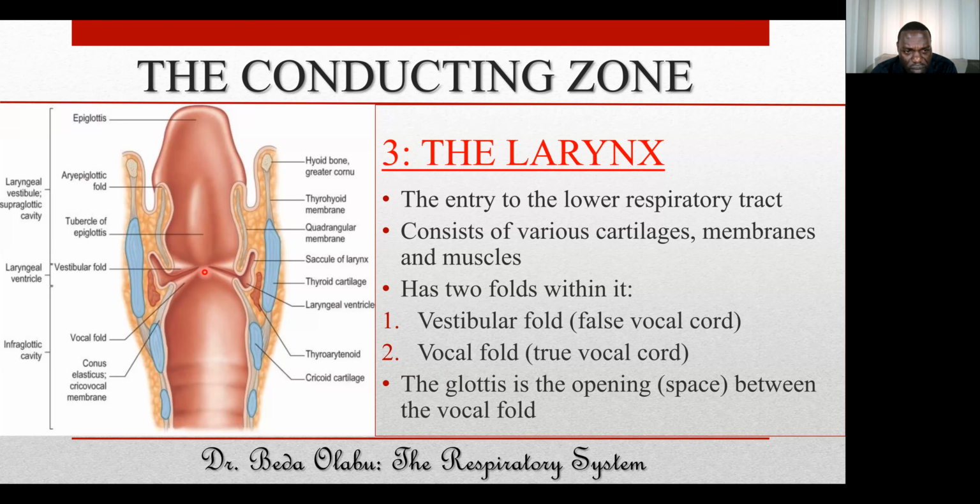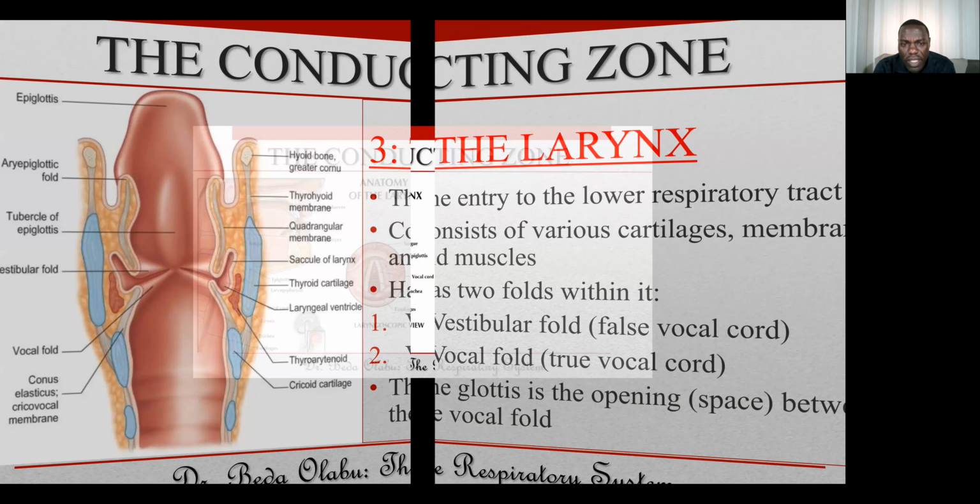The space between the two vocal folds. So when the two vocal folds are together, then we say the glottis is closed. When the two vocal folds are apart, then we say the glottis is open. Basically, the laryngeal opening is what we are calling the glottis.